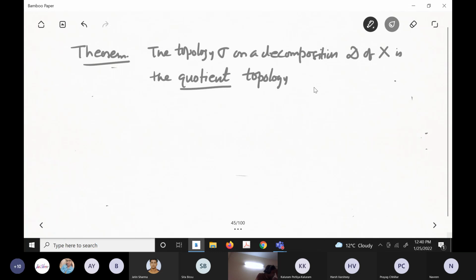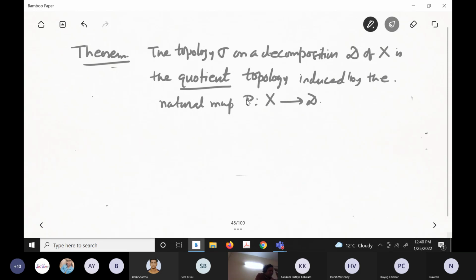It is the quotient topology induced by, generated by, the natural map. You should check it is induced by the natural map. Quotient map I should not use, I will take natural map. Natural map means what I have given, P from X to D. This you should prove.